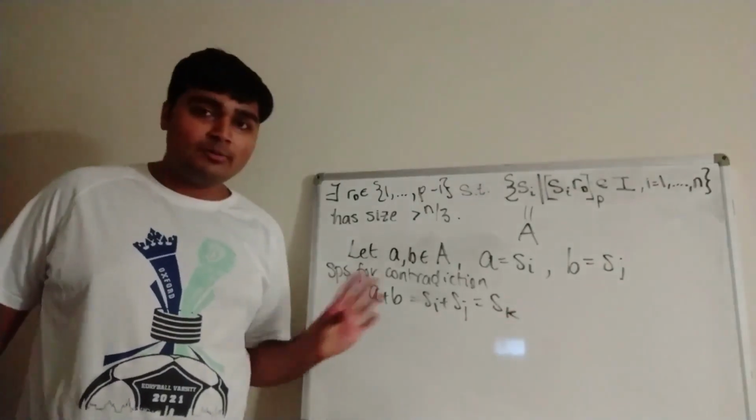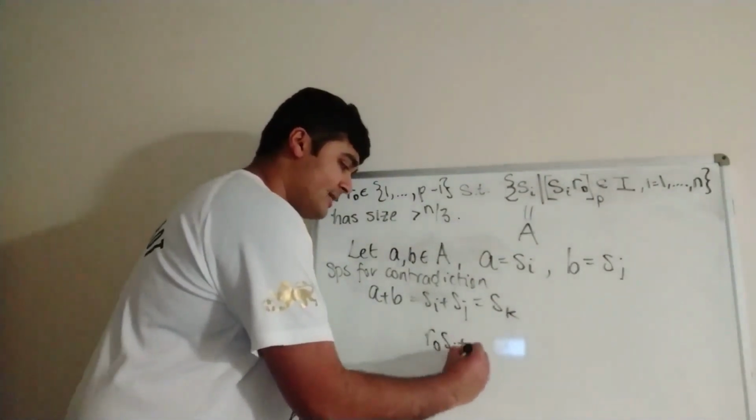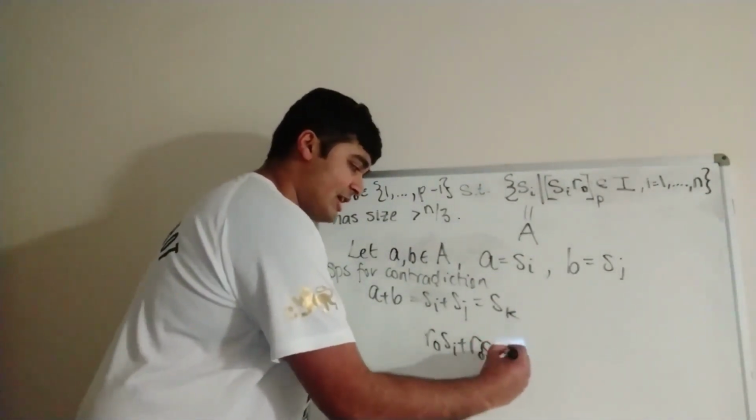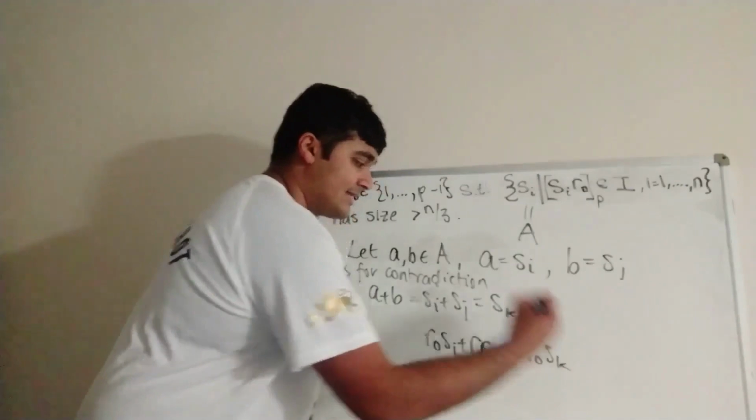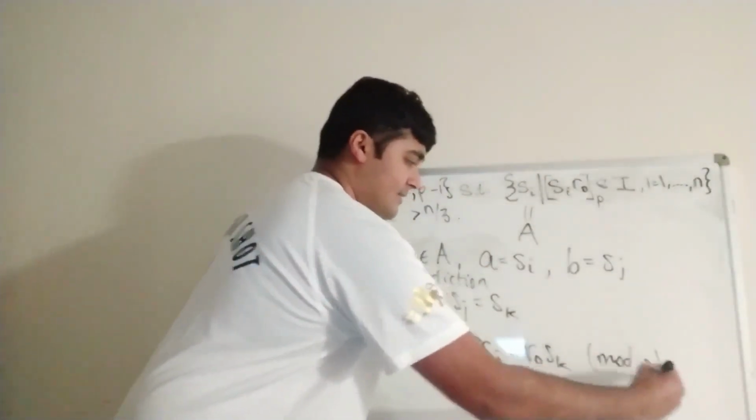Okay, but then if we just multiply this by r0, we get that r0 times si plus r0 times sj is equal to r0 times sk. And then what we're going to do is just look at this mod p.